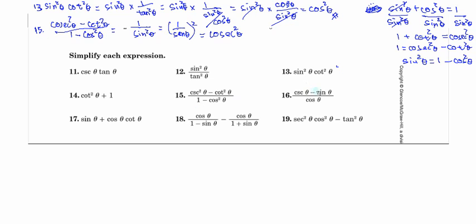Now, if you look at this, the one that I worked out for you, 15, you got a square here, you got a square here, a square here. So most likely you see the teacher has used the identity. But for example, in this case like 17, I don't see a square here, I don't see a square. So most likely to simplify this, you have to combine all the terms into sine and cosine.